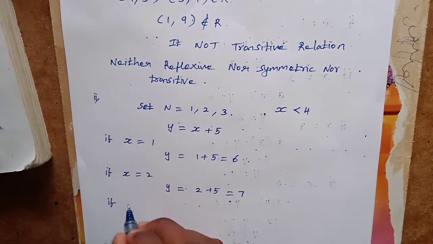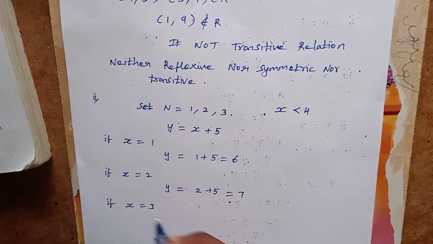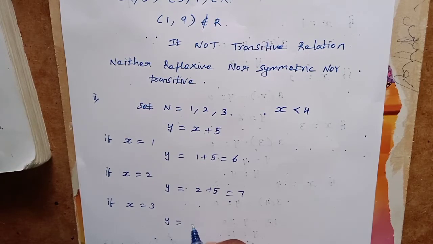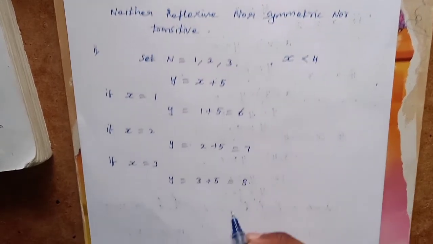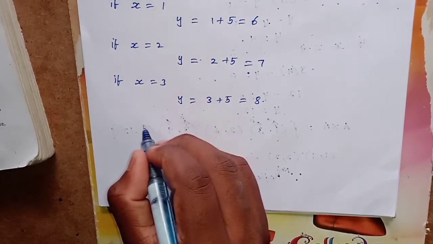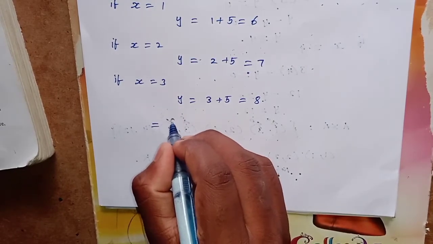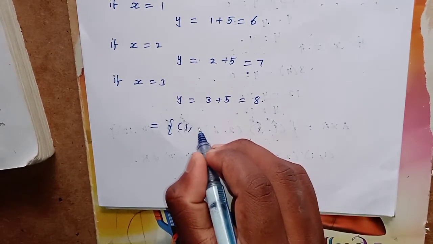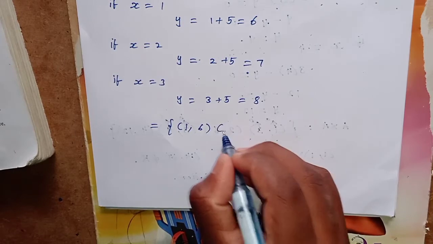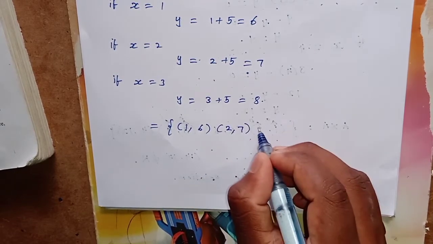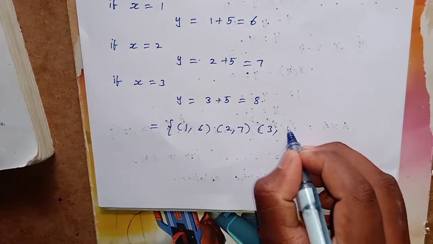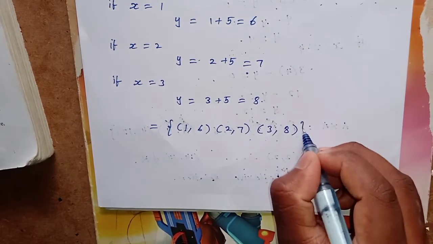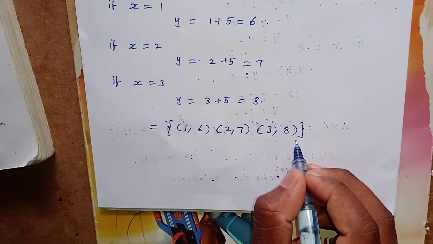Next, if x equal to 3, y equal to 3 plus 5 equal to 8. Now the required ordered pairs: here (1, 6), next (2, 7), last (3, 8). Okay, this is our ordered pairs.